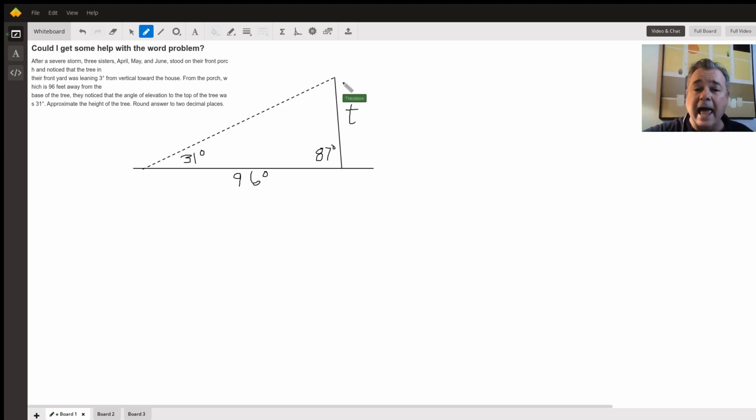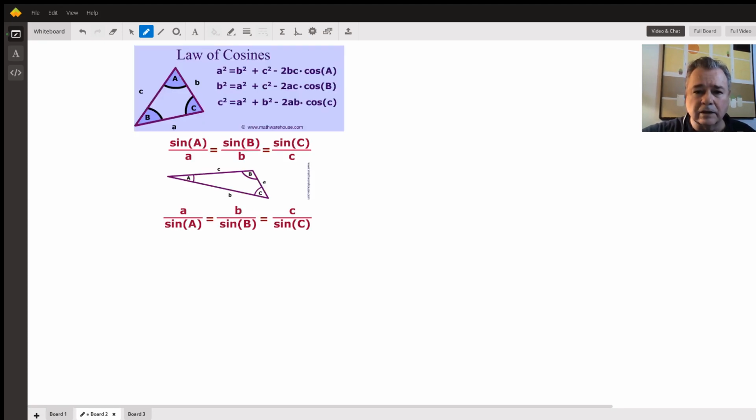We could use an identity, the tangent of 31 degrees would be t over 96, but it isn't vertical. So how can we solve this problem? Well, we have some other relationships we can use. Consider the law of cosines and the law of sines. Now, they give us some relationships between the sides of any triangle and the angles.